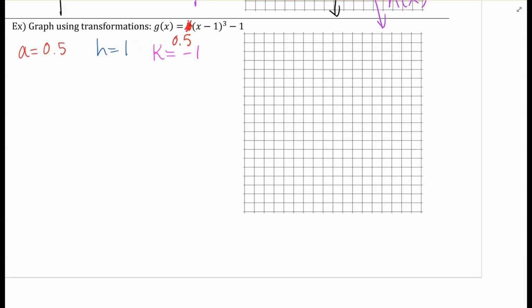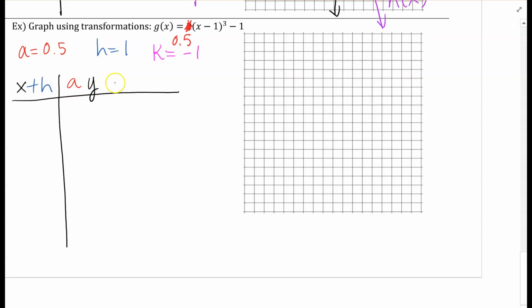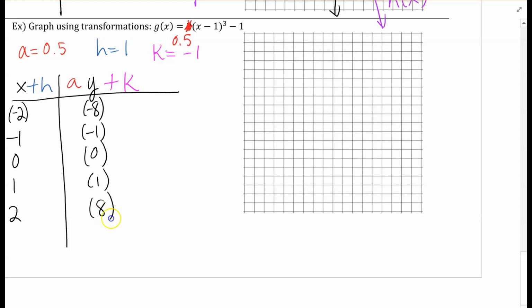So if I make my table, x plus h, a times y plus k, I'm going to plug in my values. So my parent function is -2, -8, -1, -1, 0, 0, 1, 1, 2, 8.